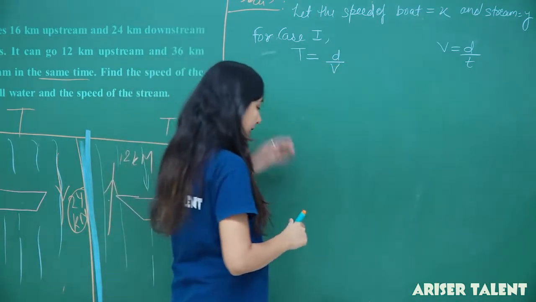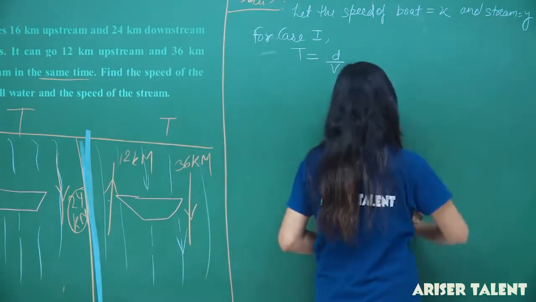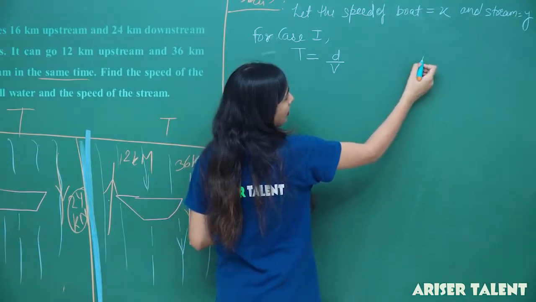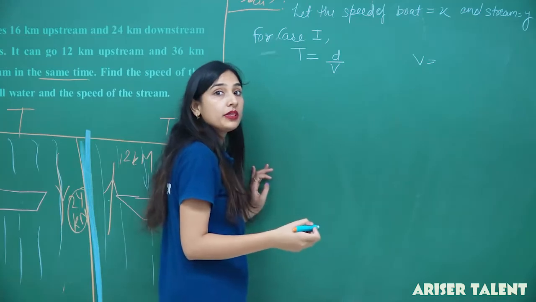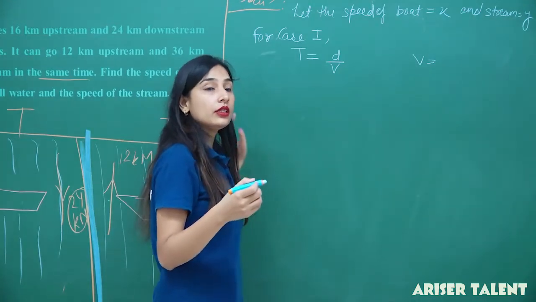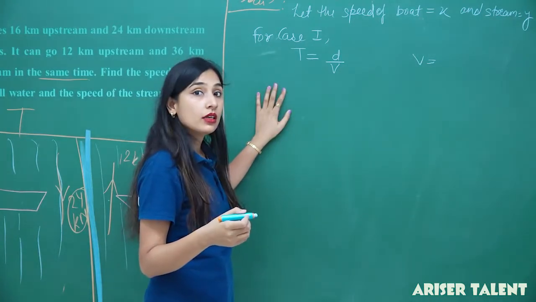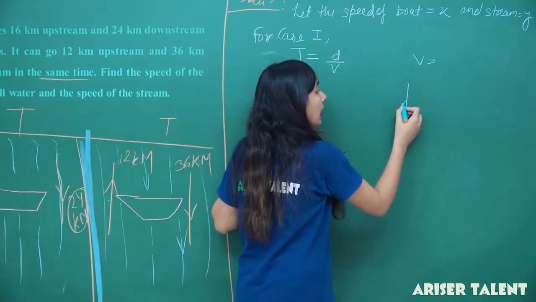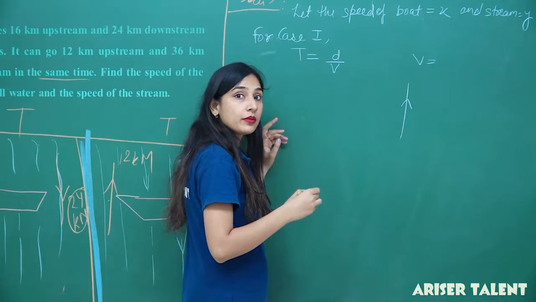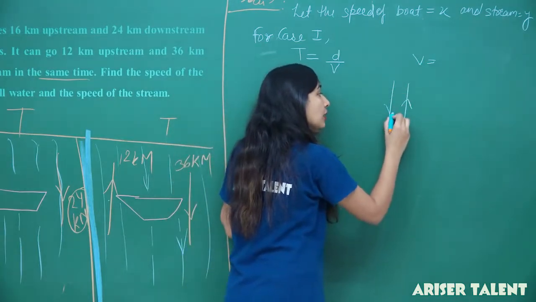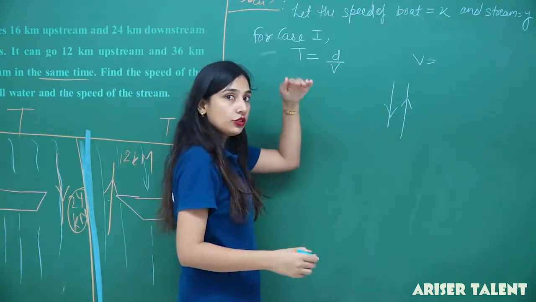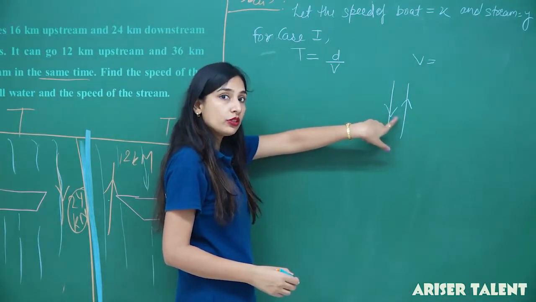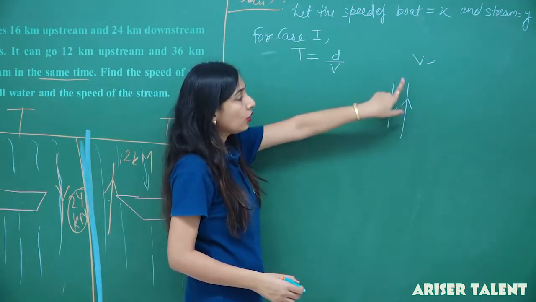Now, if we talk about the first case, if we talk about the speed, the actual speed, the combined speed will be what? If it's going upstream and the water is flowing downstream, this speed will also oppose the speedboat going forward.